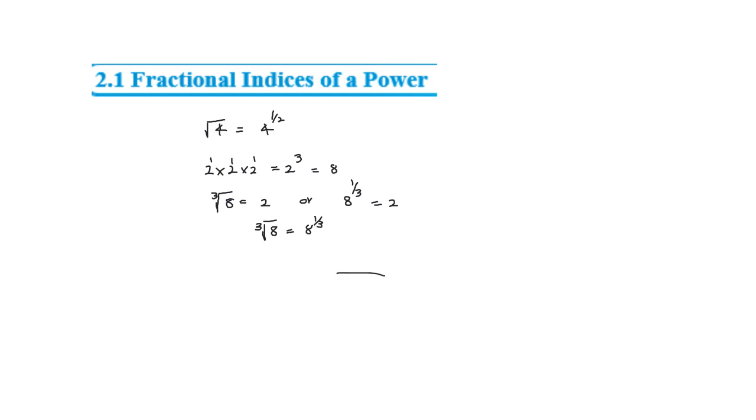Therefore, with the radical sign, nth root of a is equal to a to the power 1 over n. So this is our next indices law. This one is very important. This is our next law.